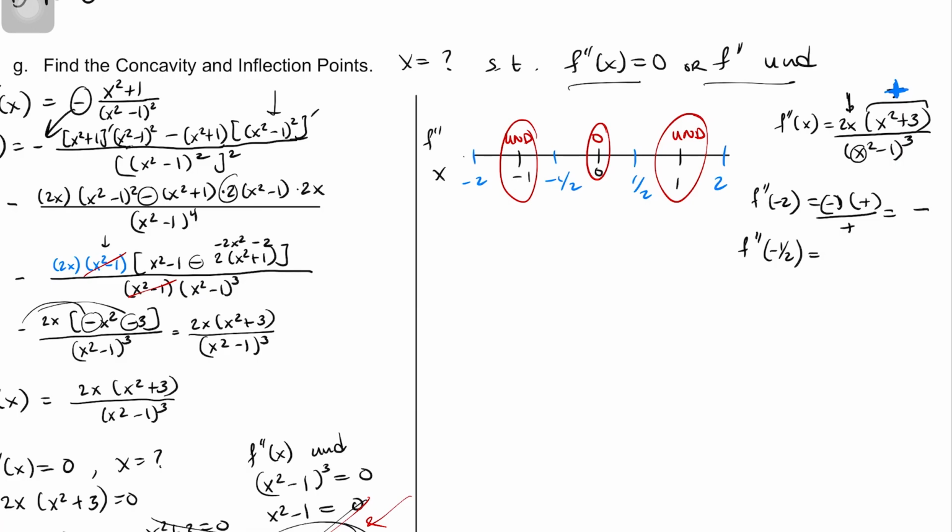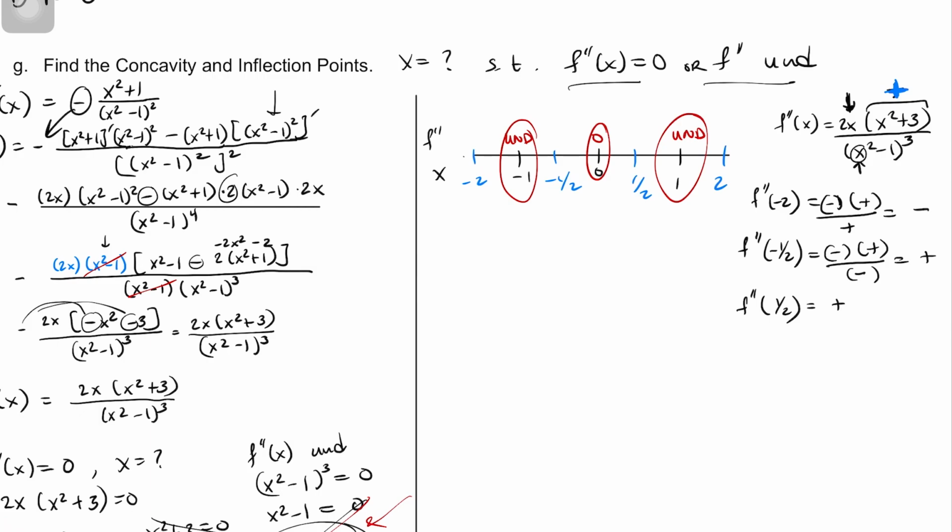If you plug in negative 1/2 in here, that's still going to give us negative on top. We already said that the other part is always positive. And then the bottom part, when you plug in negative 1/2, gives us positive 1/4. 1/4 minus 1 is going to be negative. Negative to the third power is going to be negative. So this is negative over negative, positive. And then same thing with the 1/2.